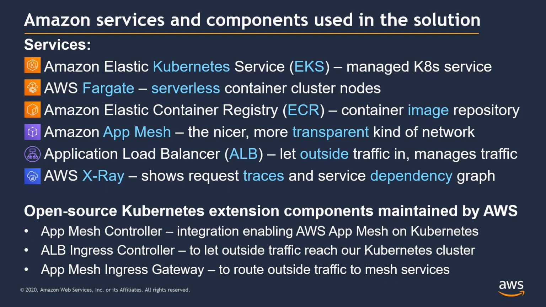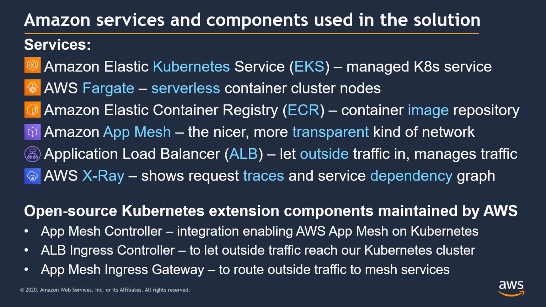Amazon App Mesh itself, of course, the nicer, gentler, and less limiting kind of logical cluster. Application Load Balancer, ALB, for managing inbound traffic before it reaches the cluster, and AWS X-Ray to see application traffic traces and graphical visualization of service maps.